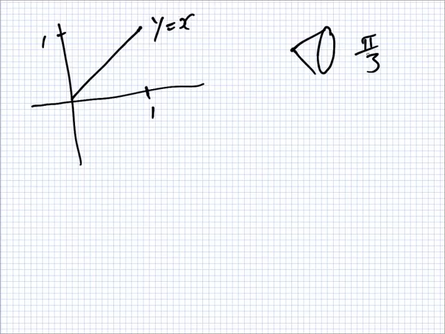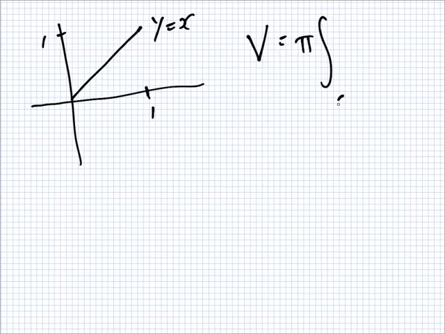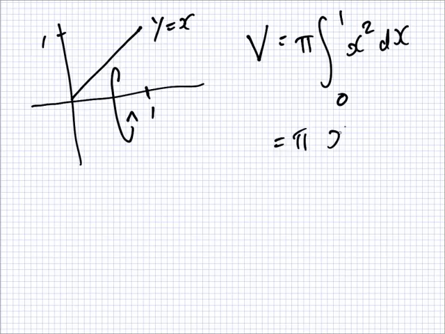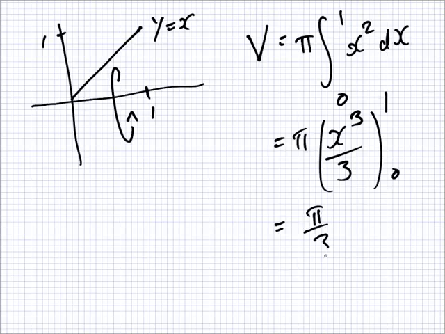Let's see what we get. The volume will be pi integrate from 0 to 1 x squared dx. This will equal pi x cubed over 3, 0 to 1, which will equal pi over 3.